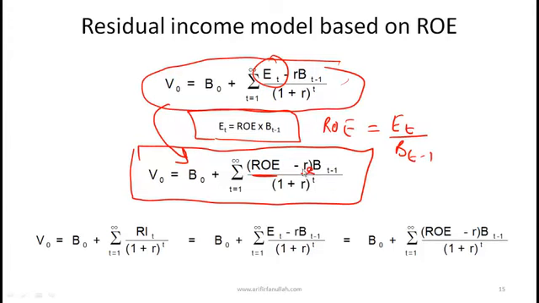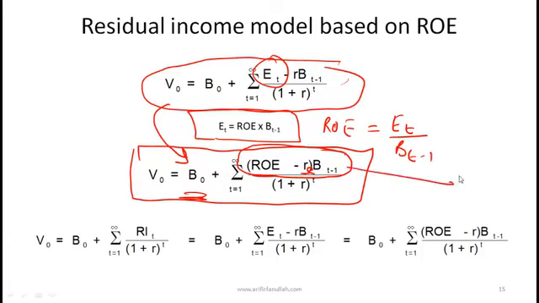So all you are doing over here is now memorizing. In general, with all your residual income model formulas, you start out with the initial book value. So then what are you adding? For every year, you are looking at the ROE minus cost of equity multiplied by the starting book value. So effectively, this is another way of writing your residual income.